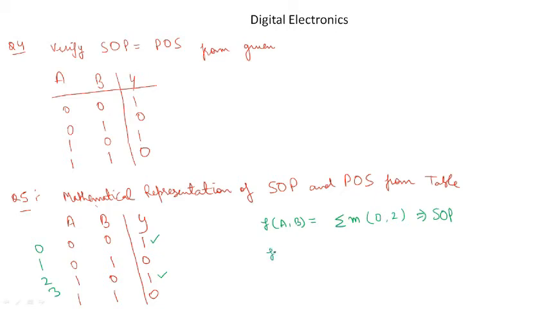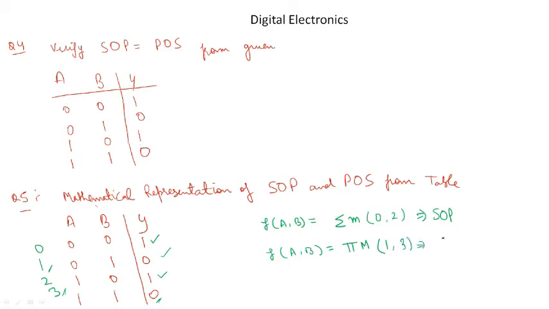Similarly, we can write the POS form as capital Pi, capital M. Now we will write those decimal numbers for which the output is 0. From this truth table we have the output 0 for the decimal number 1, and we have 0 output for the decimal number 3. So these will be written as 1 and 3.